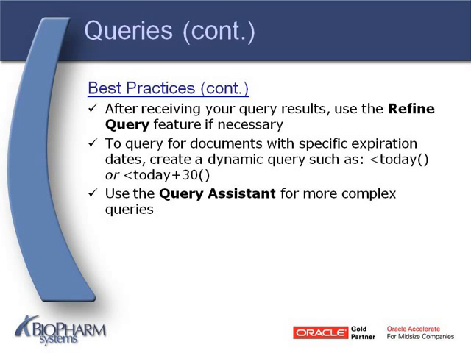A gray box at the bottom of the Query Assistant screen will explain in words exactly what the query will search for once you click Go. In that way, once you enter your terms, you're able to verify your query criteria before running the query and correct it if necessary.